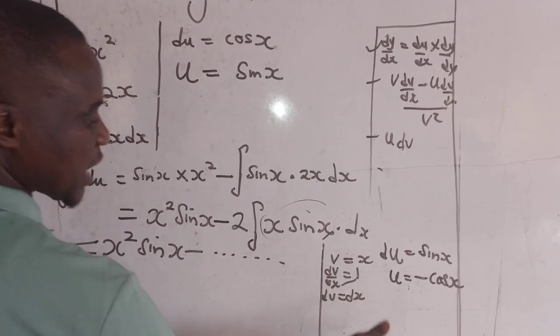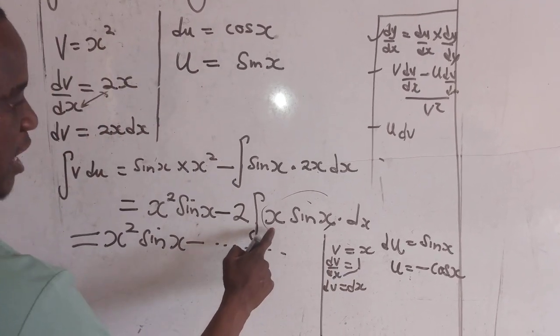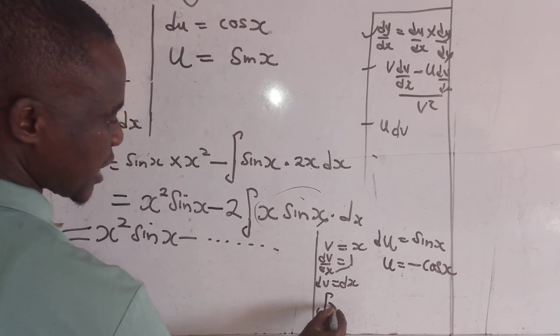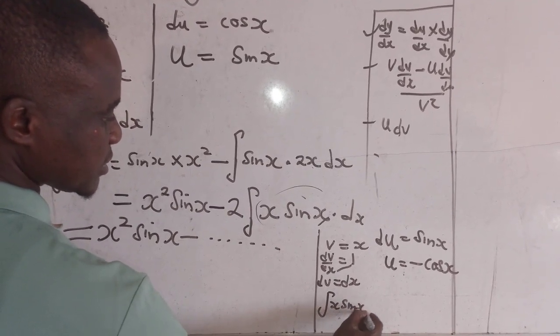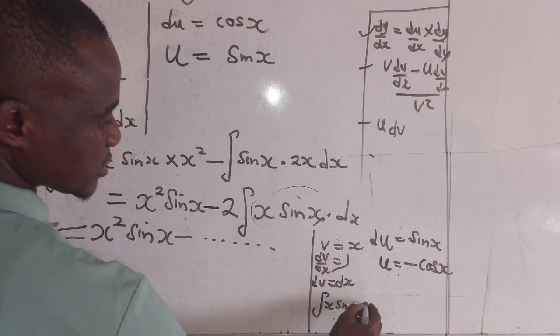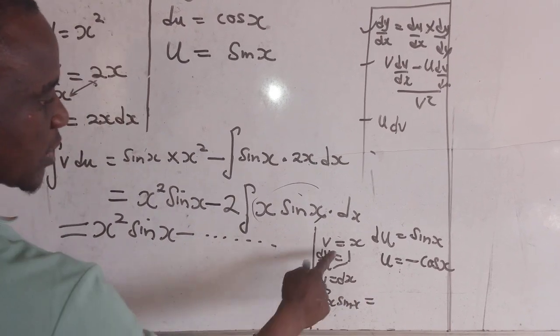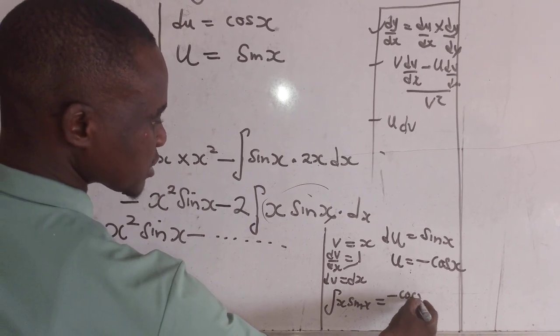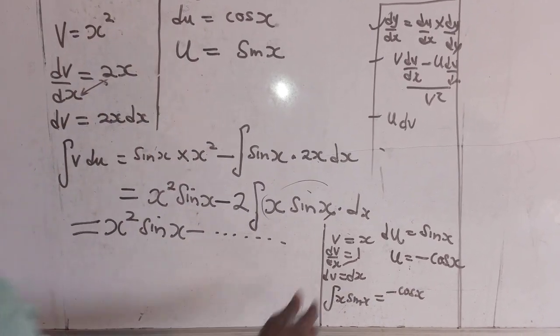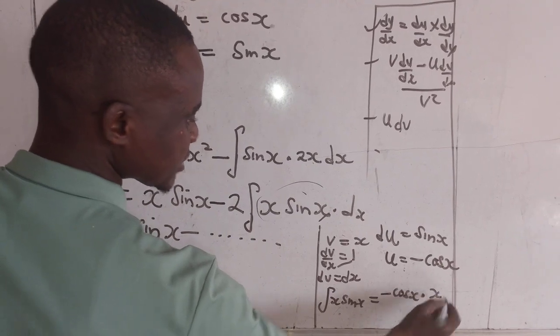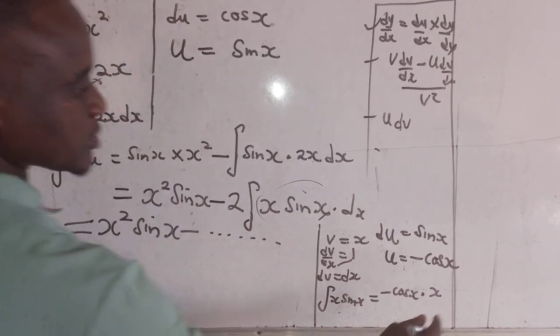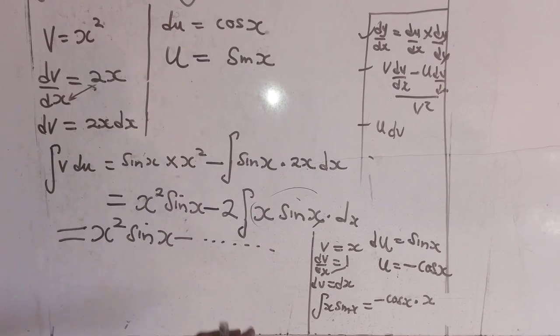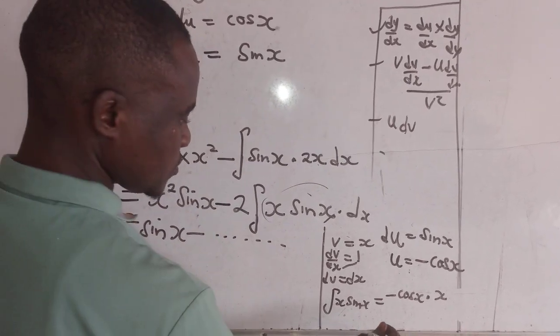So we can now have x sine x equal to uv, using the same thing, minus cos x, then multiplied by x.